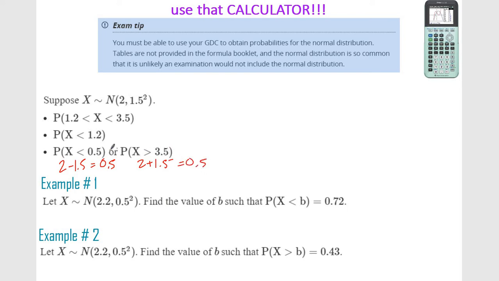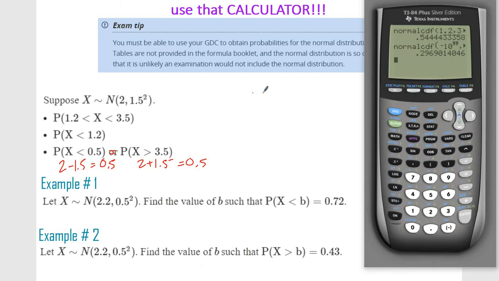So these probabilities should be equal. So I'm just going to find one and double it. You could do both differently and then add them together, but it should be the same. So I'm just going to do 2 times a normal distribution. Since I already have the lower bound, I'm going to do the left side, from there to 0.5. We're going to paste that in there. And since we already did 2 times it, we get that answer.